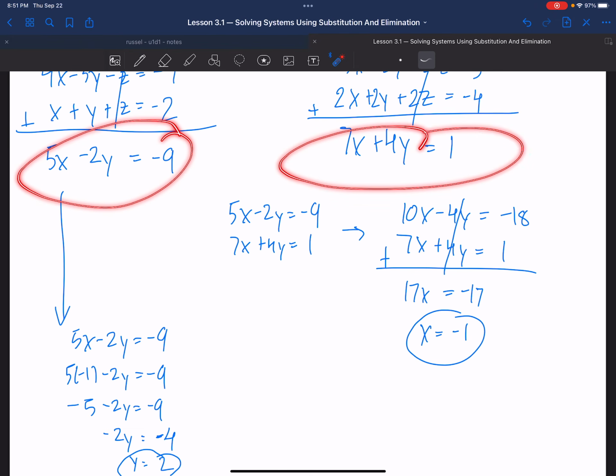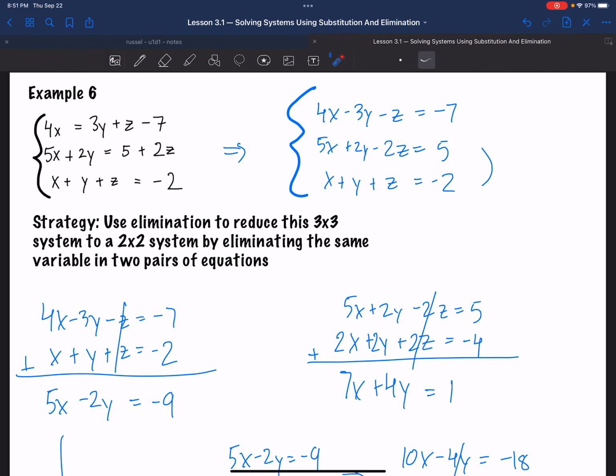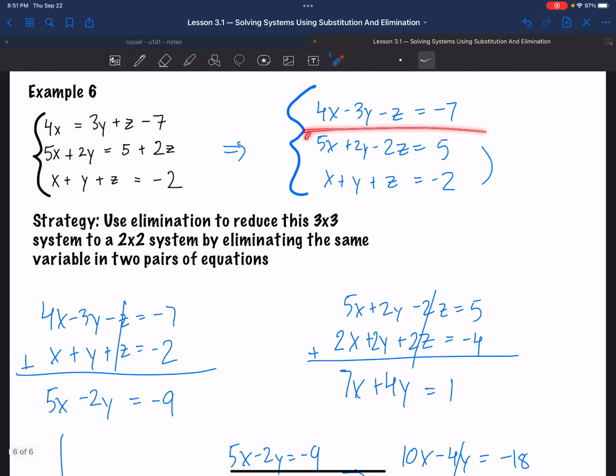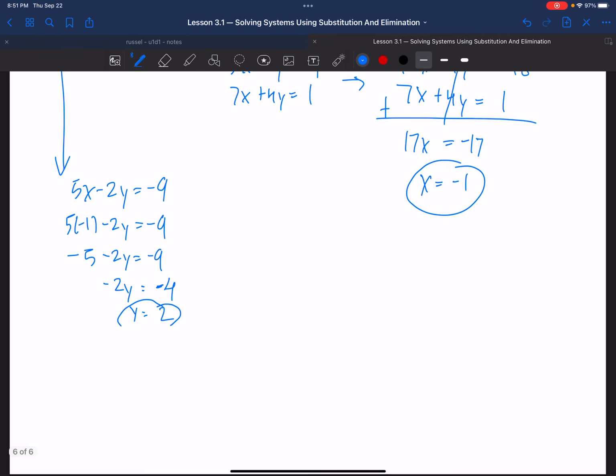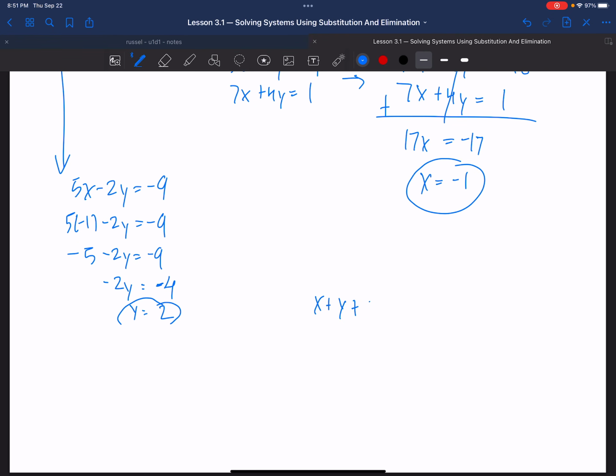Neither of these equations have z's, though, so I will have to go back to the beginning. I've got the first one, the second one, and the third one. The third one looks the easiest, right? X plus y plus z equals negative 2. X is negative 1. Y is 2.